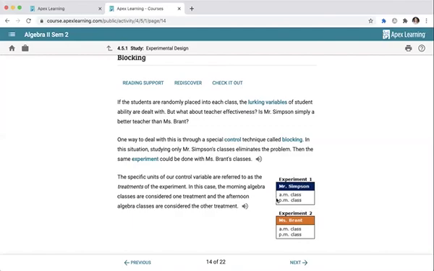In a lot of these, our control variables are referred to as treatments in the experiment. In this experiment, we're doing a treatment in the morning and in the afternoon. One of these is one treatment and one of these is the other, because the treatment is the time that they're taking the test.